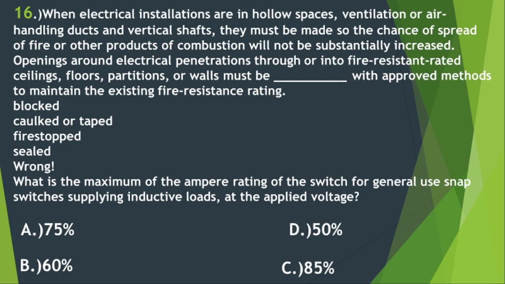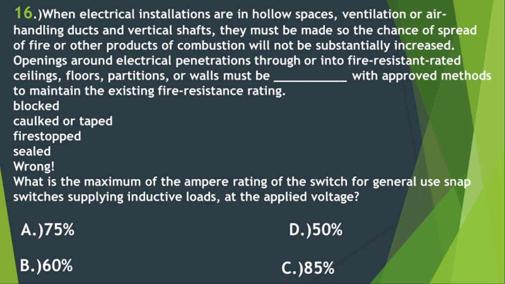Openings around electrical penetrations through or into fire-resistant rated ceilings, floors, partitions, or walls must be blank with approved methods to maintain the existing fire resistance rating. Black caulk or tape. Fire stop, sealed wrong.